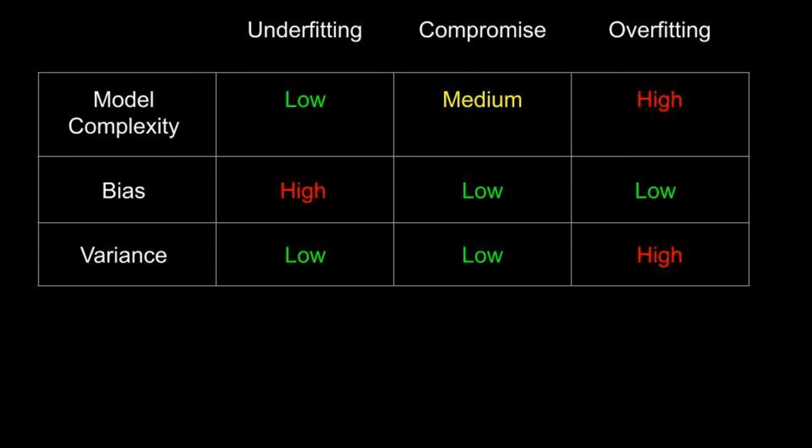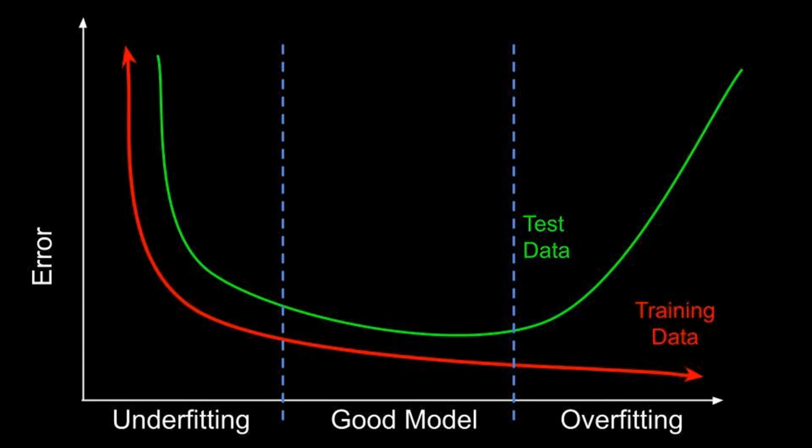Here is the question: how do we establish that our model is overfitting or underfitting? This plot depicts the total error that we can observe on training and test sets relative to the model's complexity. Let's imagine that on the left we have a very simple underfitting model, and on the right we have an overfitting and very complex model. And between them there is a good model of medium complexity.